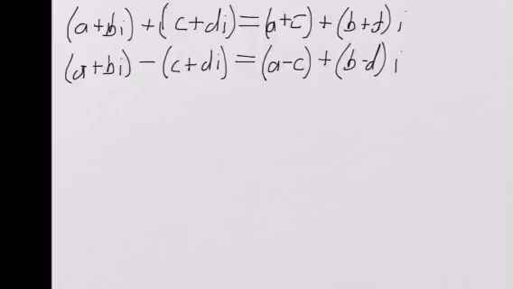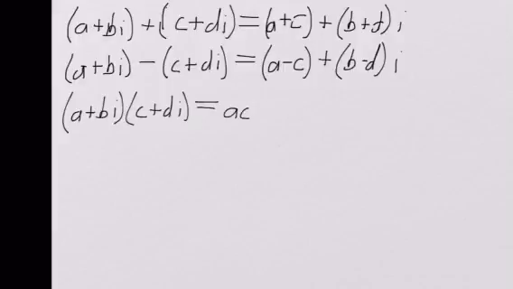Multiplication, again, is going to be just like with the polynomials. We're just going to have one little thing to deal with. So if I take a plus bi times c plus di, I'll first go ahead and multiply these like we would polynomials, so that'll be FOIL.